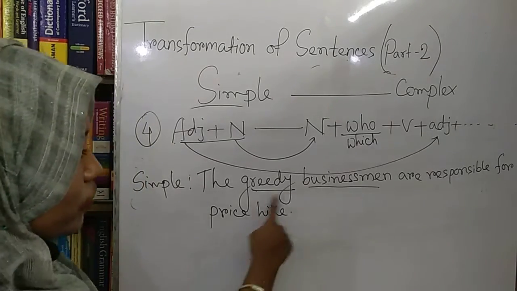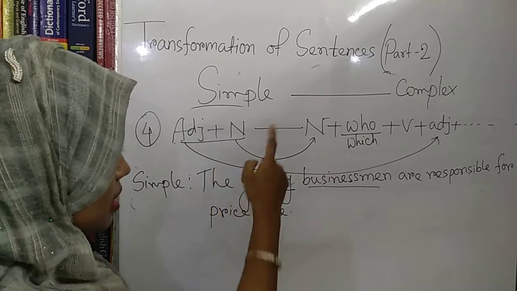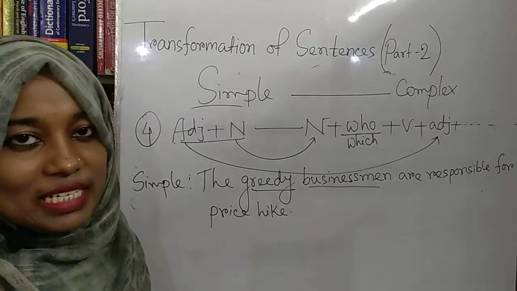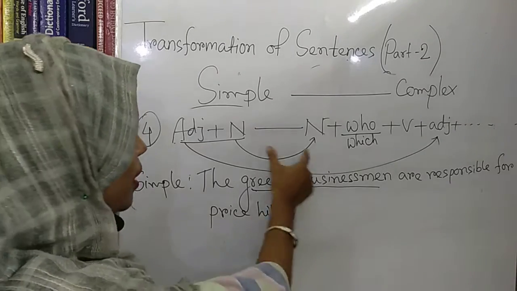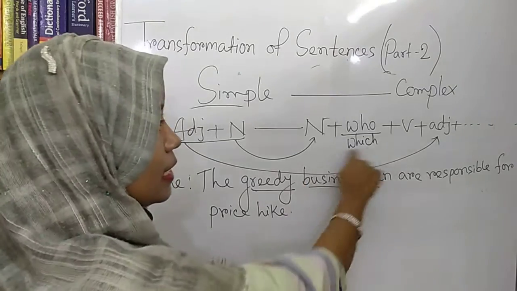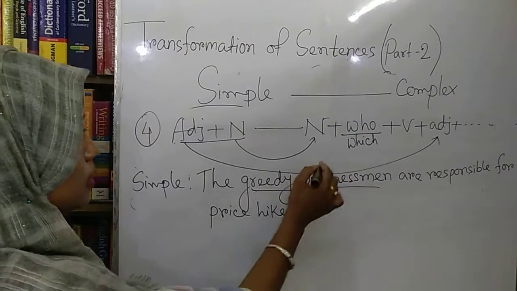Here the greedy businessmen, adjective plus noun. If we want to make it a complex sentence, we have to expand this part in this way.